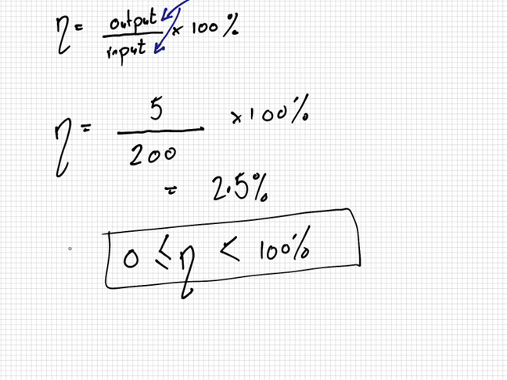If you're curious, at the bottom of page 83 there's a table that shows you how efficient different things are. In that example, what do they have as most efficient? A large electric motor. And the car engine, how efficient is that? It's low, only 25%, isn't it?